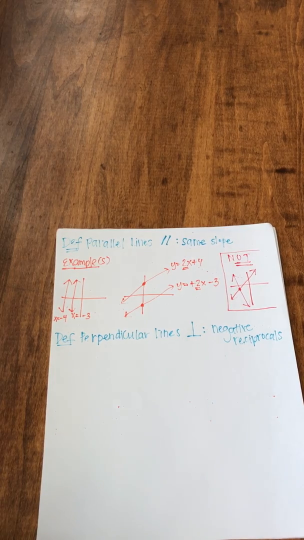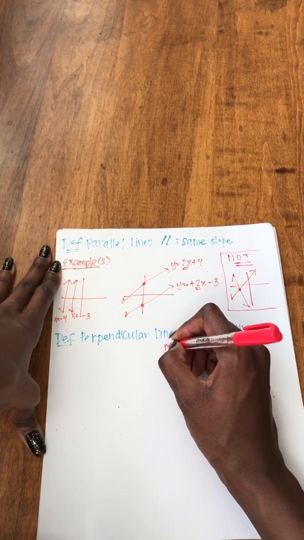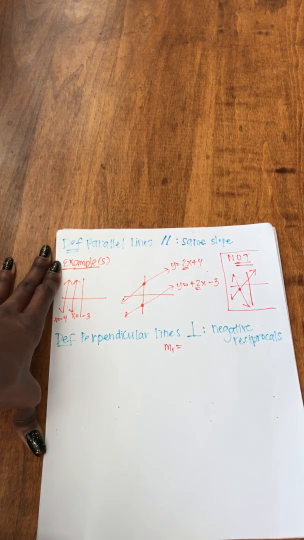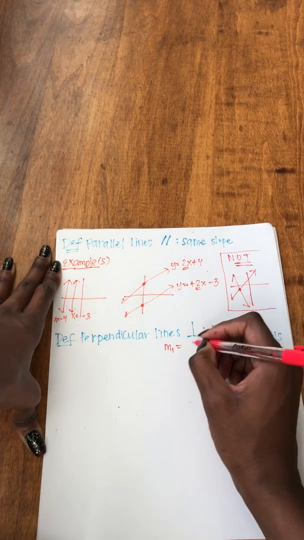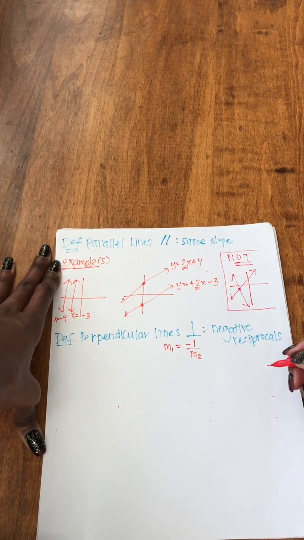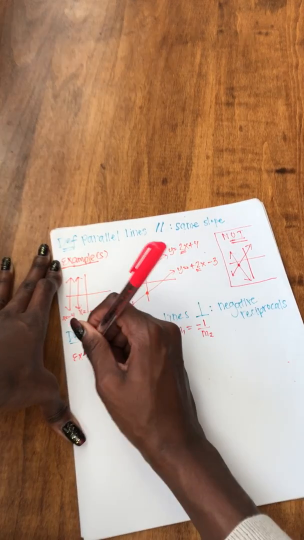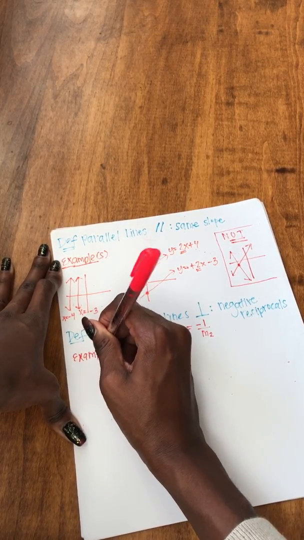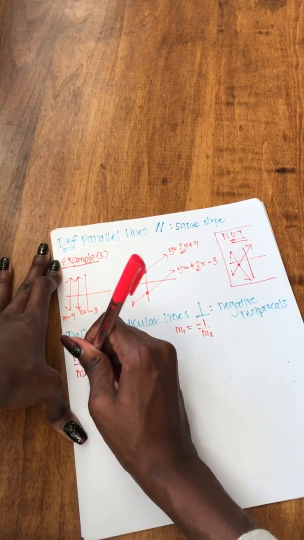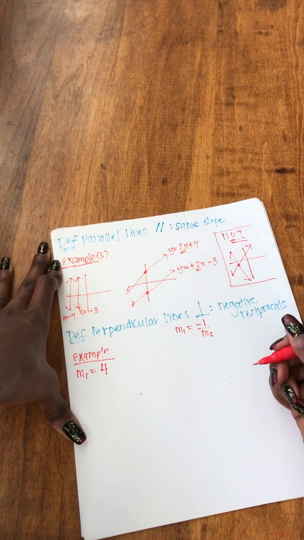So another way to think about that is if you have the slope, this is slope 1, that's going to be equal to -1 over the second slope. So an example of this, let's say slope 1 is 4, and we want to have perpendicular lines.